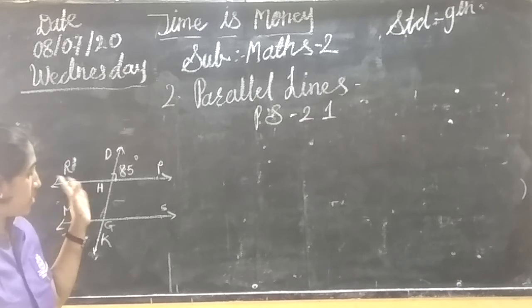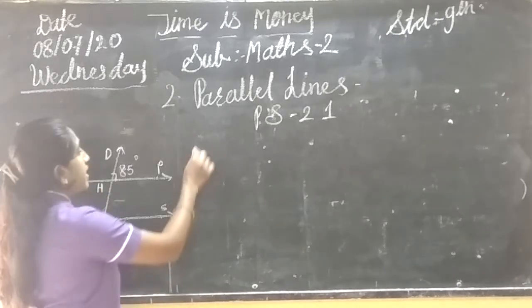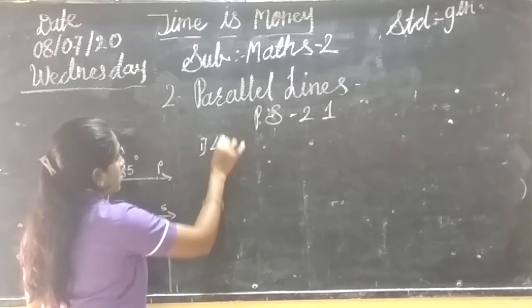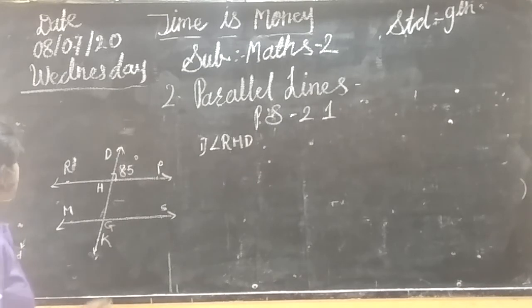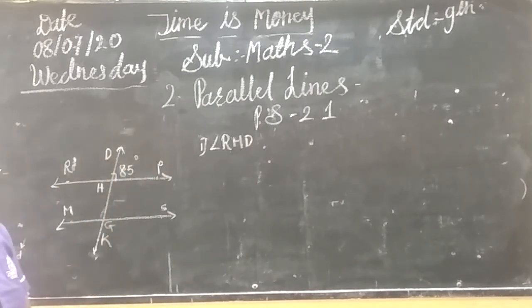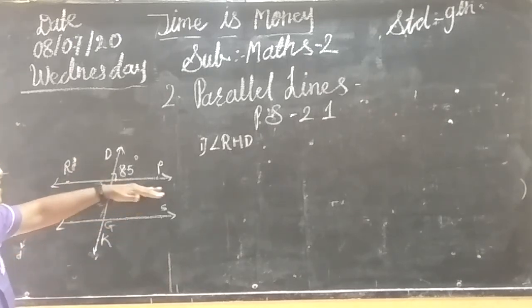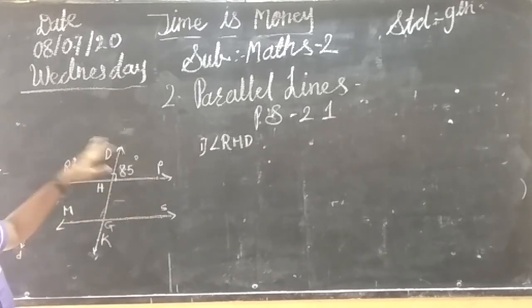Then we have to find the given measurements. First question is angle RHD. Now can you tell me what will be the answer here? See, these angles are in a linear pair and one of the angles is 85 degree. Then what will be the other? That we have to find out.